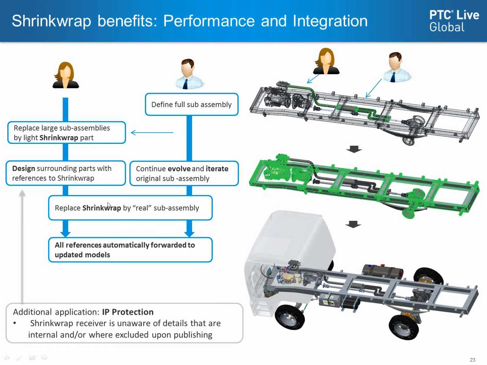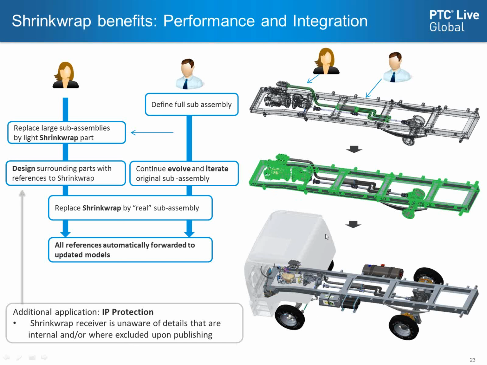And Creo is intelligent enough to forward references if anything has changed. So as soon as this design is done, the exhaust system is done, and checked in Windchill, for example, this user can take the design that was referencing the shrink-wrap and replace it with the original engine.